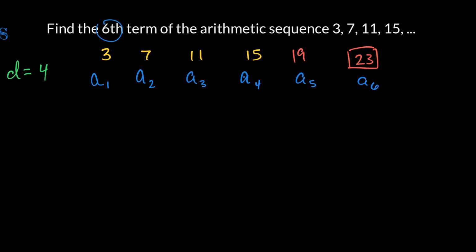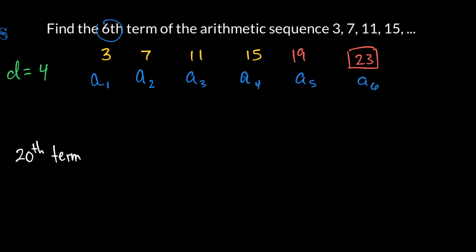Now, that's not so hard to do, but what if we're asked to find something else? What if we're asked to find the 20th term? What is the 20th term in this same sequence? Well, let's think about what's happening here because I'm a little bit too lazy to add 4 over and over and over again.